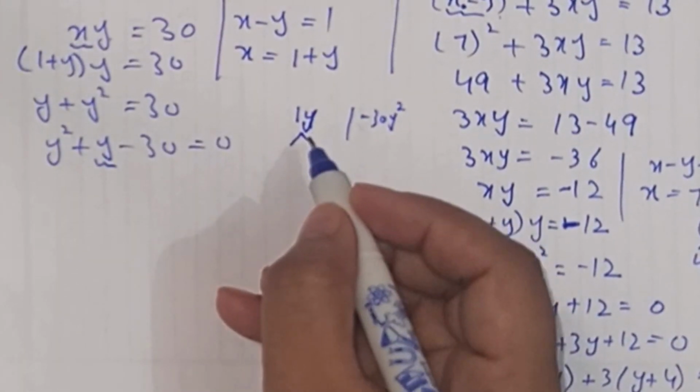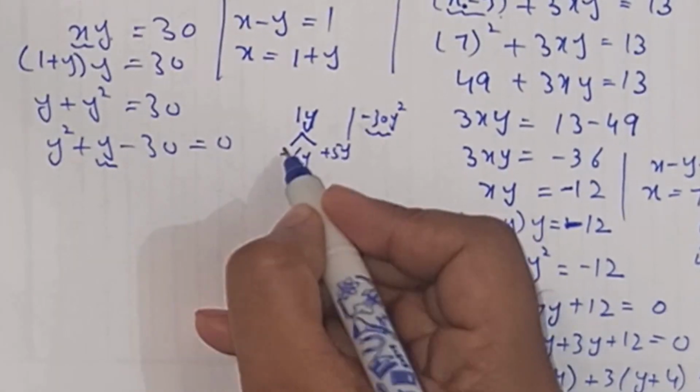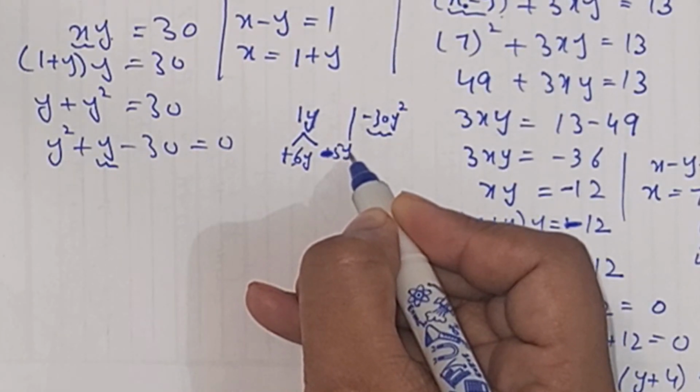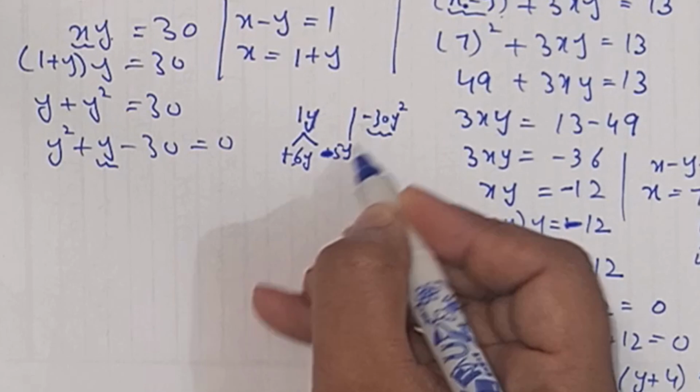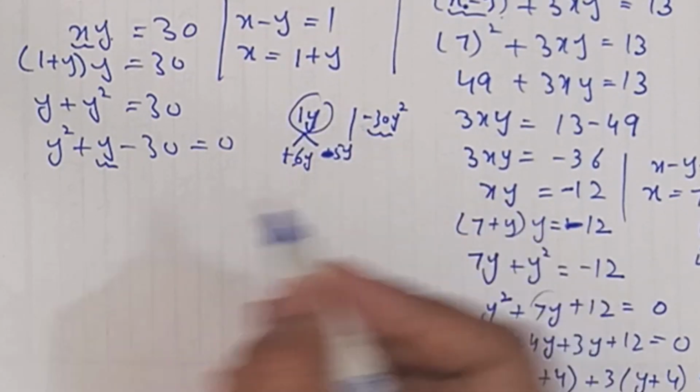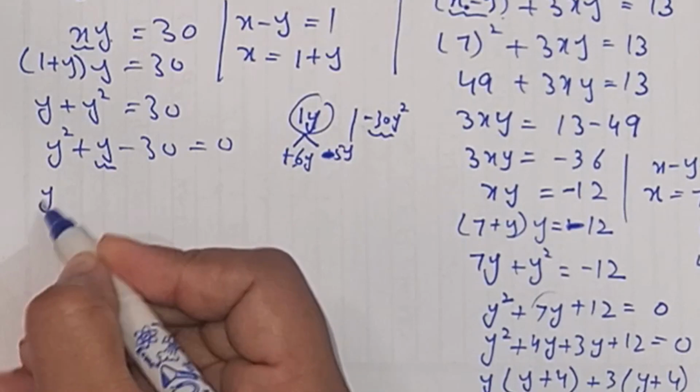So these two numbers are positive 6y and minus 5 times y. If we multiply these two numbers, we get minus 30 y square, and if we add them, we get this middle number.